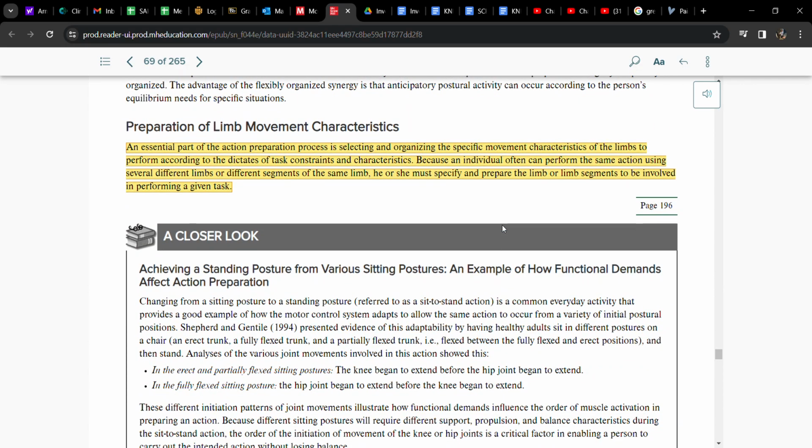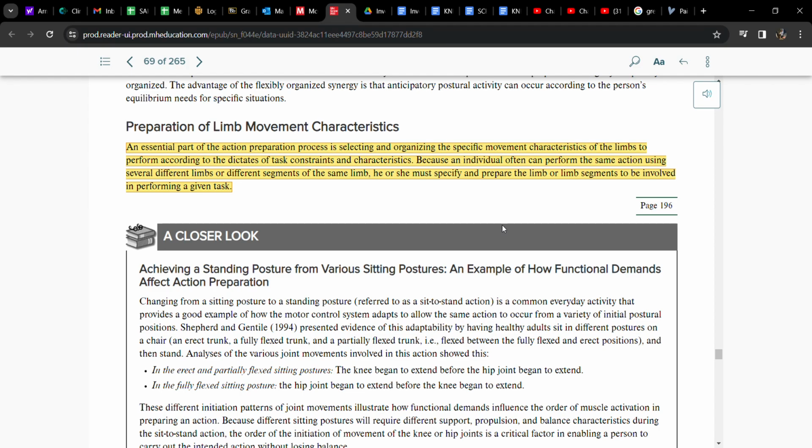The next is the preparation of limb movement characteristics. An essential part of the action preparation process is selecting and organizing the specific movement characteristics of the limbs to perform according to the dictates of task constraints and characteristics.